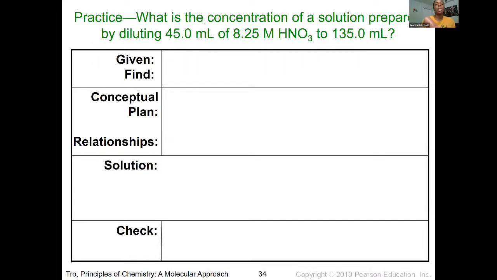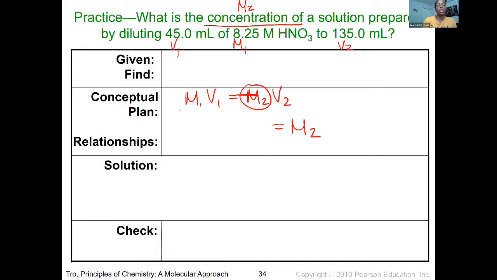So it says, what is the concentration of a solution prepared by diluting 45.0 milliliters, V1, of 8.25 molar, M1, nitric acid to 135 milliliters? That means we're solving for M2, and 135 milliliters would be our V2. If we start with our M1V1 equals M2V2 formula, we set it to solve for M2, so we divide both sides by V2: M2 equals M1V1 divided by V2.